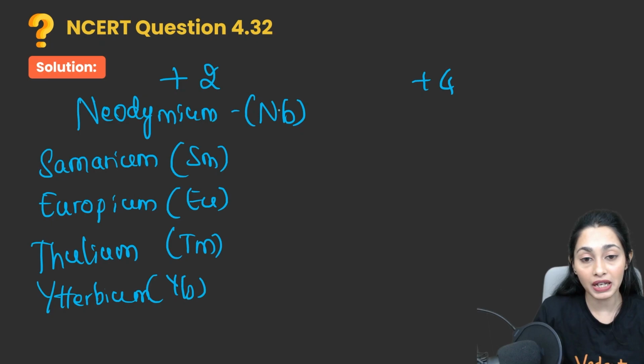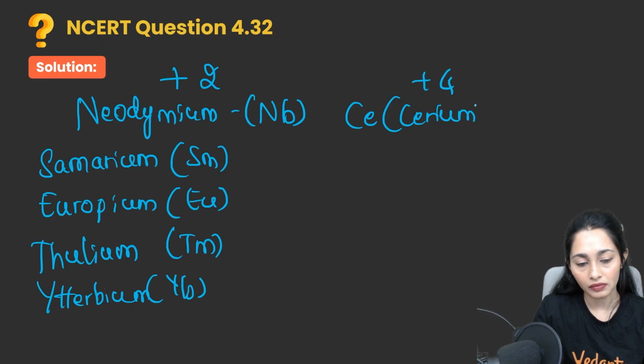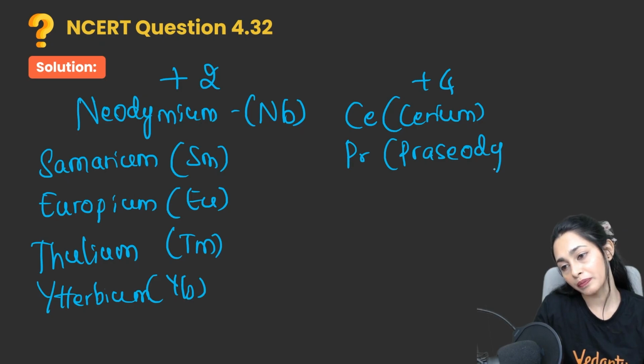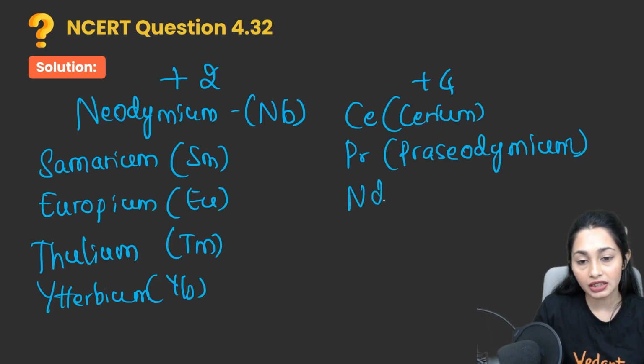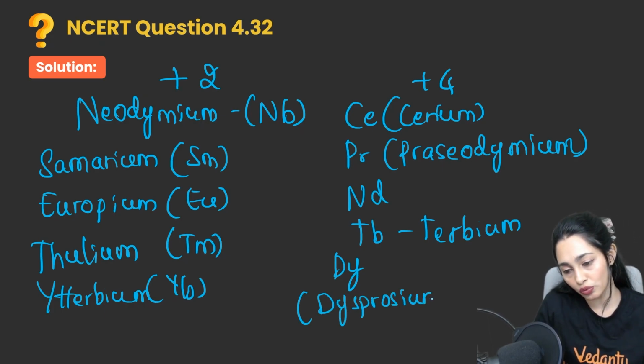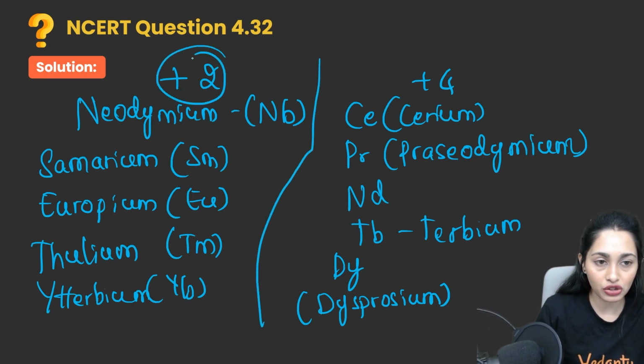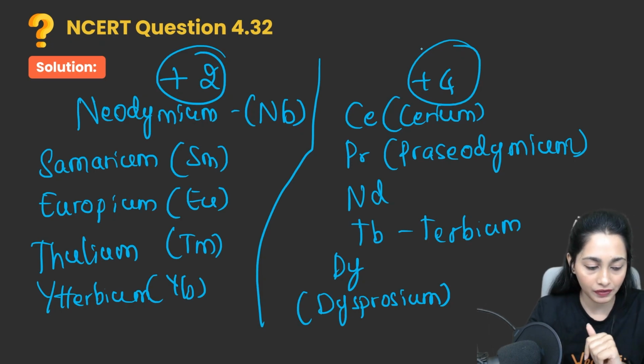On the other hand, for +4 oxidation state: cerium, Ce, praseodymium, Pr, neodymium, Nd, terbium, Tb, and dysprosium, Dy. So this is about the elements which show +2 and +4 oxidation states respectively.